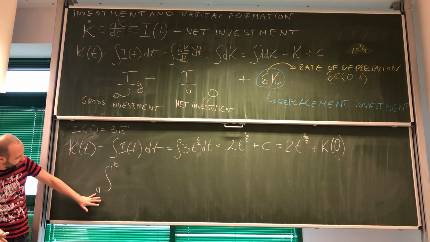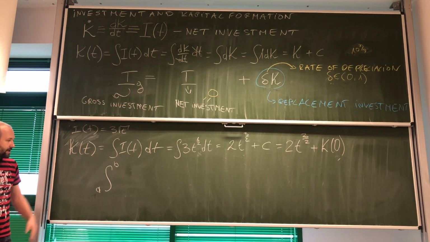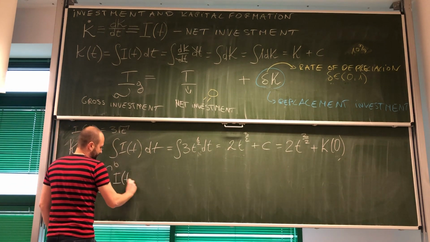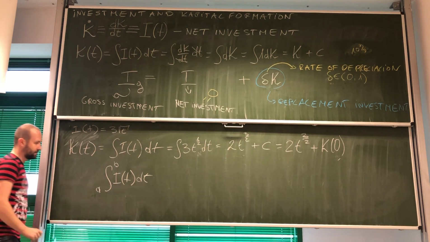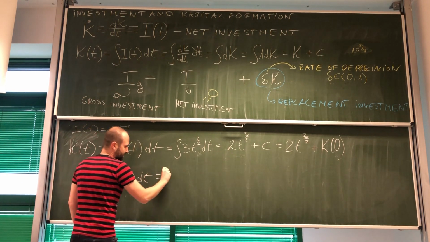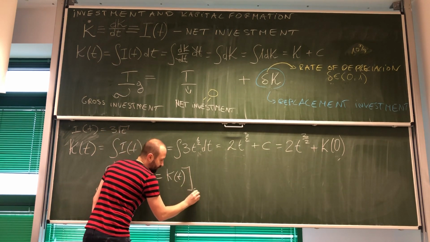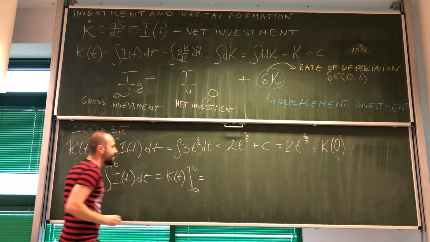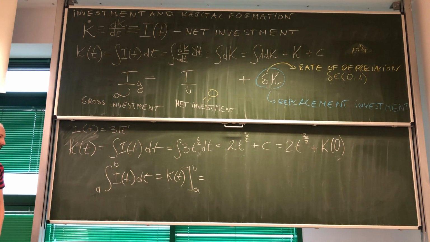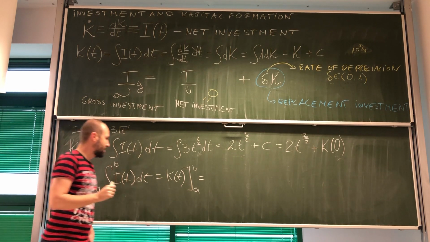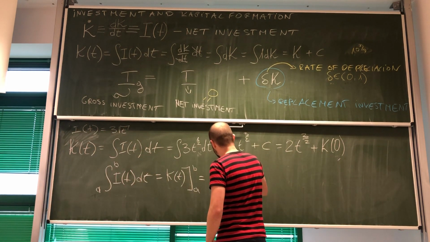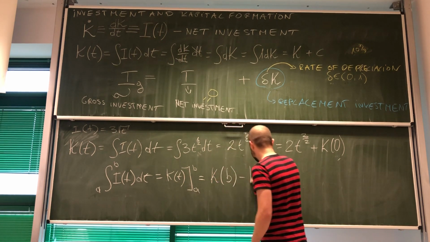Let's just say one is A, second is B. Then if I integrate investment, I will get, of course, capital. And of course here we will have A and B. And to obtain by how much the level of capital in this economy has grown from point A to point B, those two being points in time, we get that this is given by K(B) minus K(A).